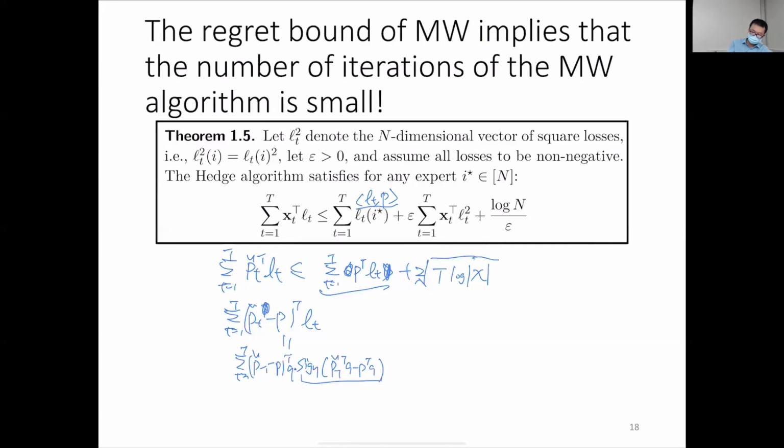So the sign of this quantity multiplied with itself gives me the absolute value. When this term is positive, the sign is positive; when it is negative, the sign is negative. So the product gives me the absolute value of P tilde T transpose Q minus P transpose Q, and this is the error of my P tilde T.